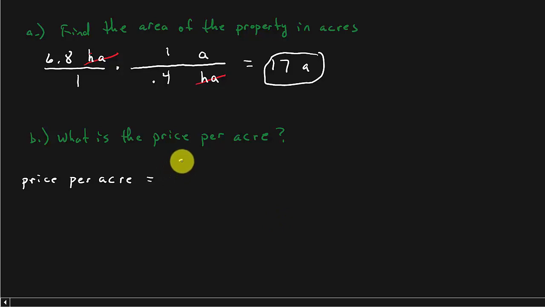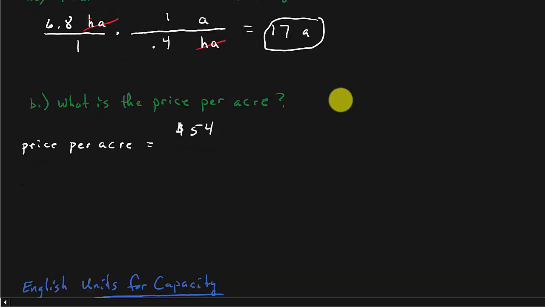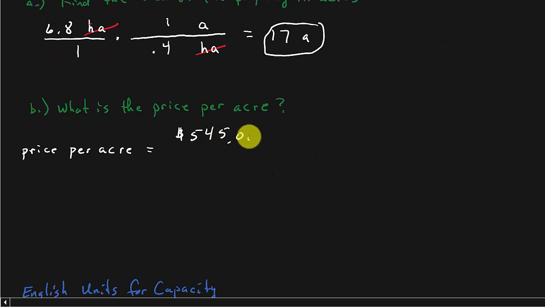Well, wouldn't you think it's the $545,000 over how many acres? So we've got 17 acres. You could abbreviate it with an A or write it out. But anyway, then you divide, and so you're going to get what?